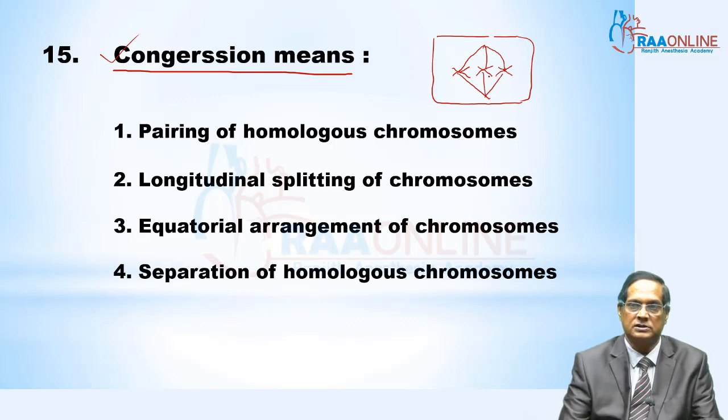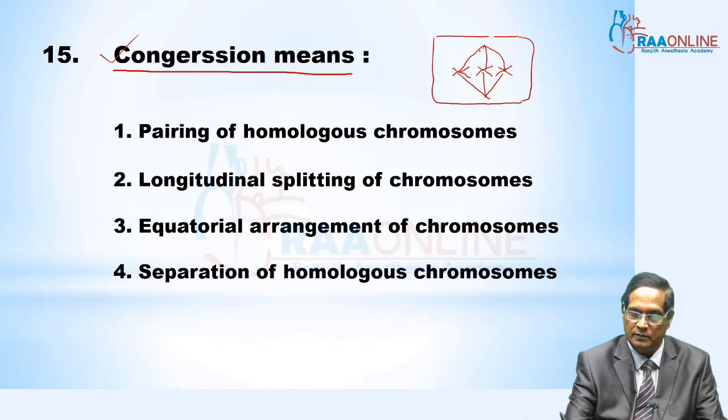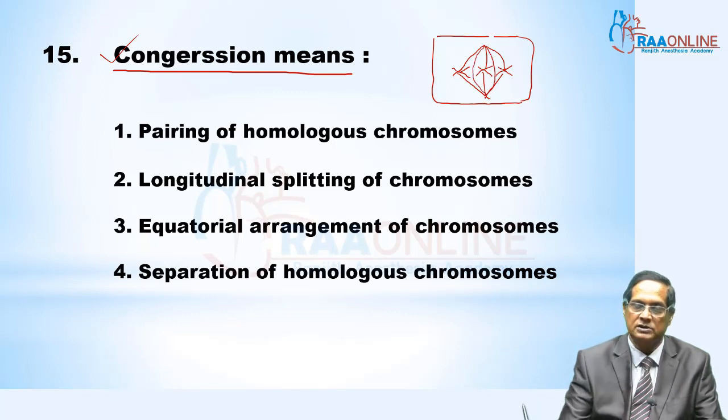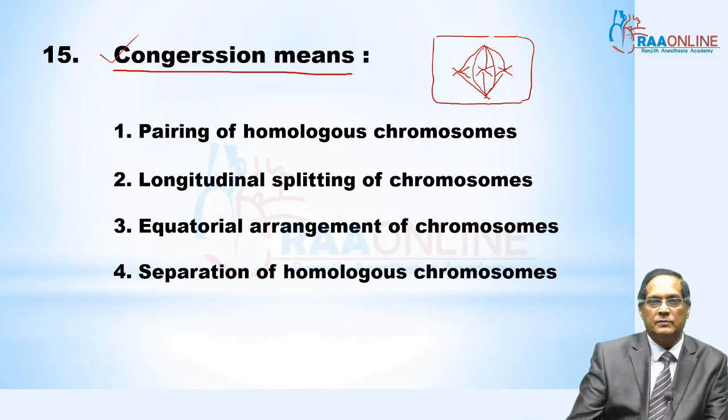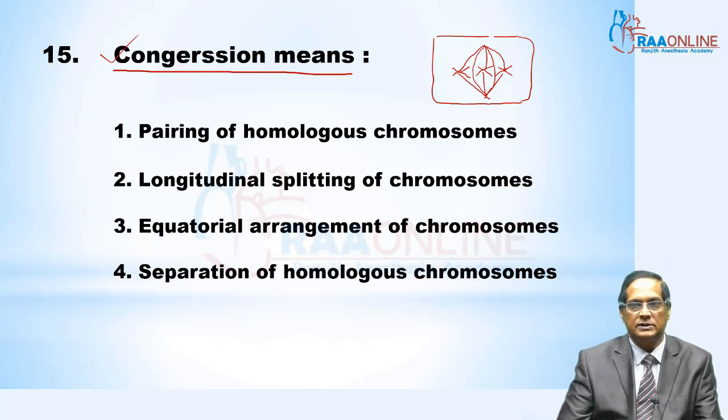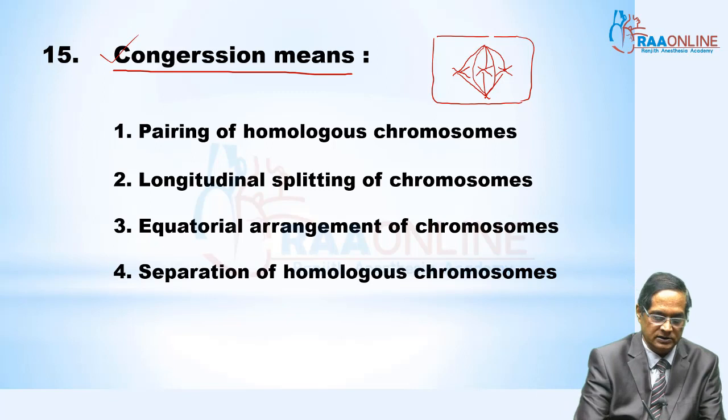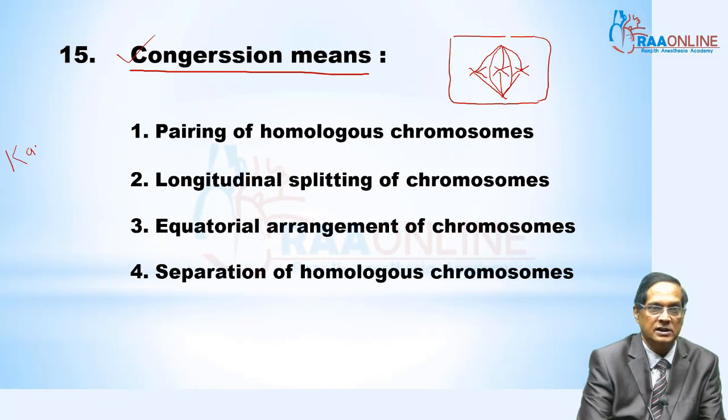This fibrous structure is the spindle, whose formation starts from late prophase, but it is clearly visible in metaphase stage. And metaphase stage is the best stage to study karyotype.